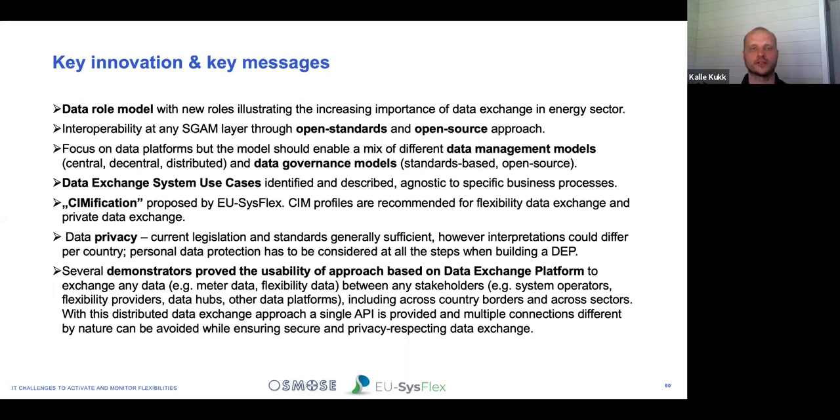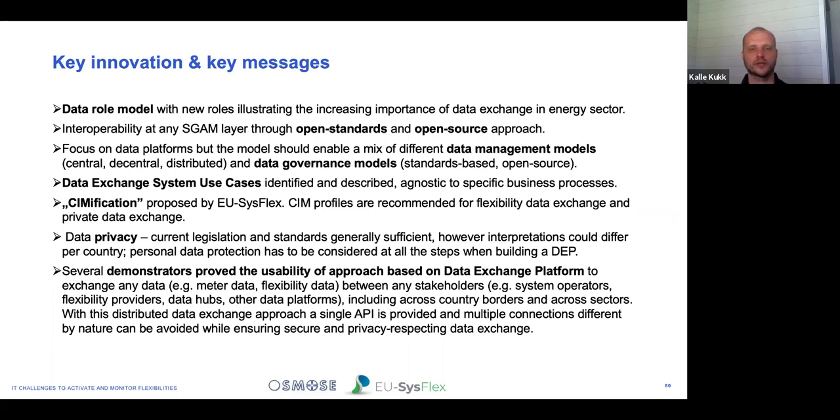So it can be central, decentralized, distributed, and a data governance model, either standards-based or open source. System use cases, I explained a lot, should be agnostic as much as possible. Simplification was the process we came up with exactly to map the flexibility data exchanges and private data exchanges to the SIM data model.